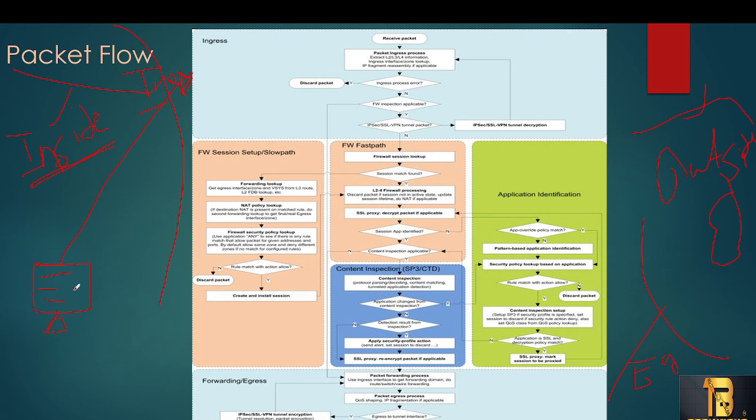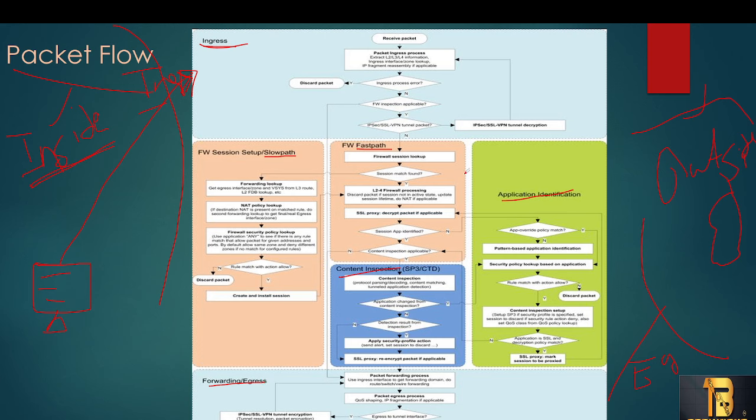Once traffic reaches the firewall from the inside zone, first it will go to the ingress stage. Once traffic reaches the firewall, the packet has to flow through multiple stages. The first is the ingress stage, the second is the slow path, the third is the fast path, the fourth is application identification, the fifth is content inspection, and the last is the egress stage.